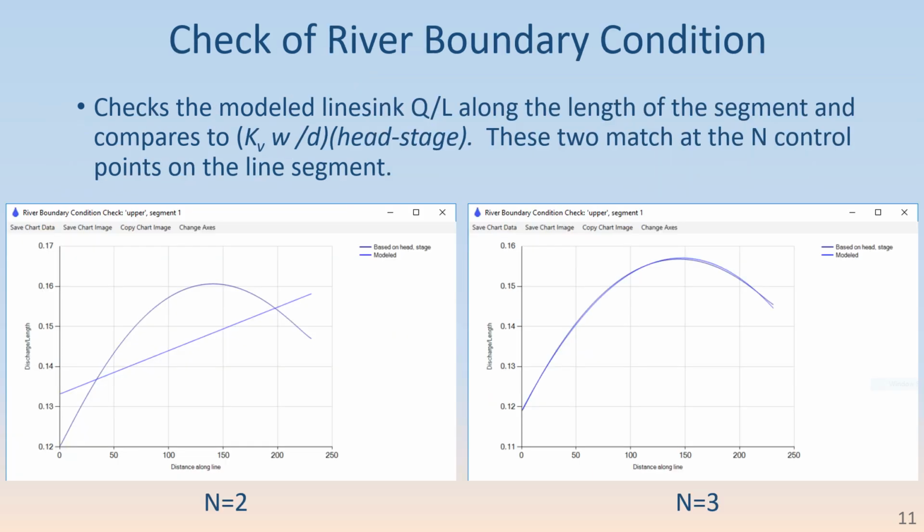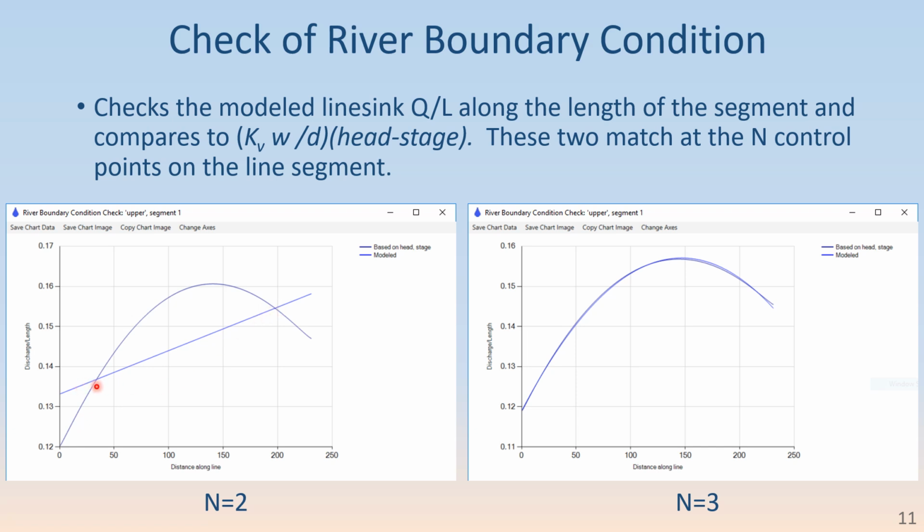When you check a river boundary condition, you're comparing the modeled discharge per length along the length of the segment and comparing that to the head minus stage times the conductance factor. And these things are identical at control points, but are approximate in between the control points. So on the left, this plot shows one segment with two parameters per line, and you can see the two crossings where that discharge per length is perfect.